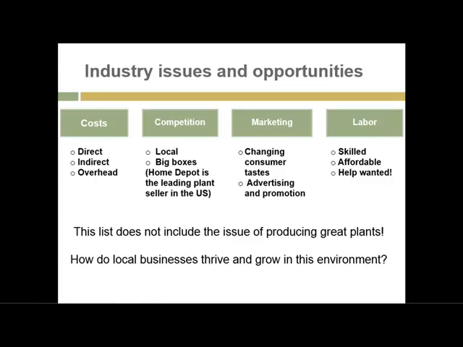The direct costs, of course, include land and labor. The indirect costs include overhead and include costs of equipment, water, fertilizer, etc. And then overhead includes the marketing and distribution costs to sell and deliver the product.